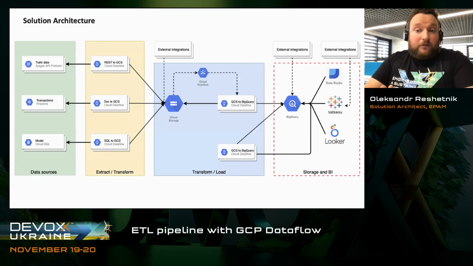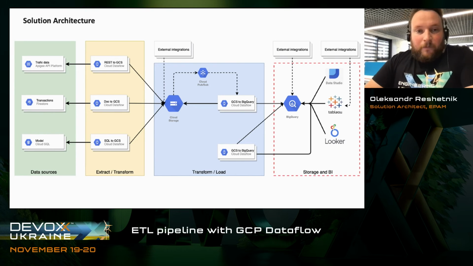And as a result, we got a final solution in the form of a sliced architecture. In the first slice, we have different data sources. In the second slice, we have simple Dataflow pipelines that extract data and transform it to JSON line format and store it in cloud storage.